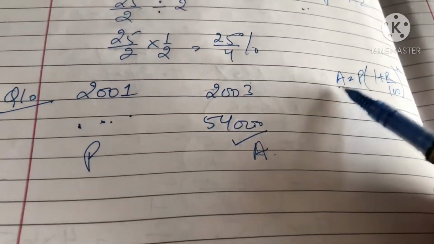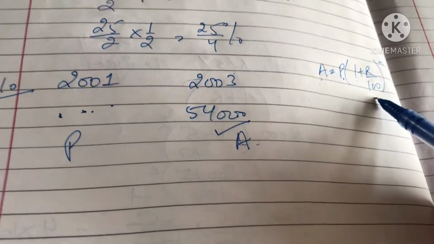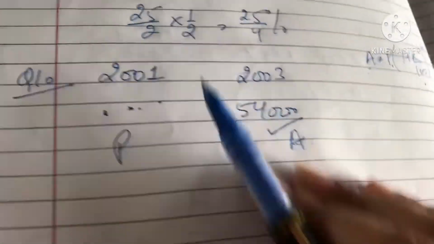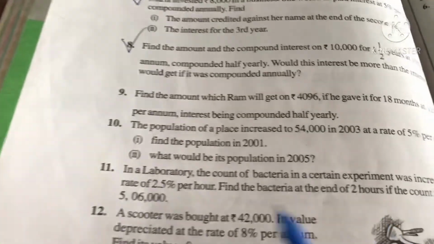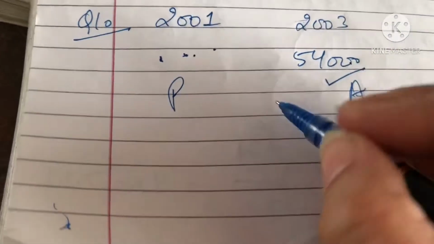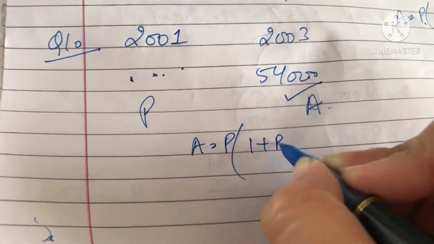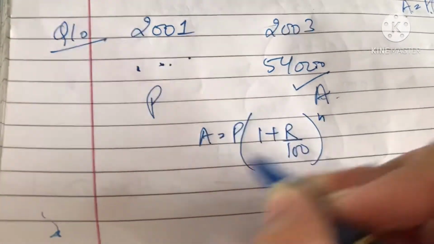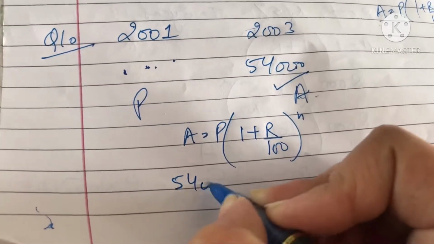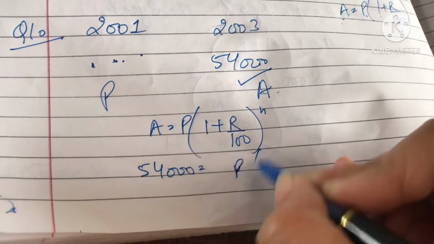Put the amount 54,000 in the formula, and R is already given, 5%. You will write A equals P into 1 plus R by 100 whole to the power n. Amount is 54,000, and principal you have to find.